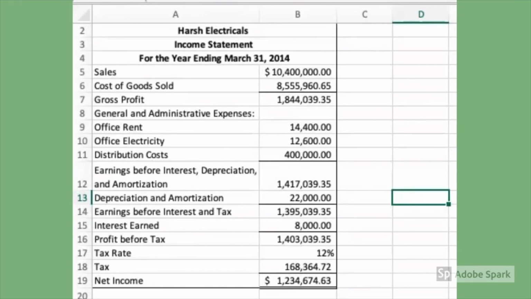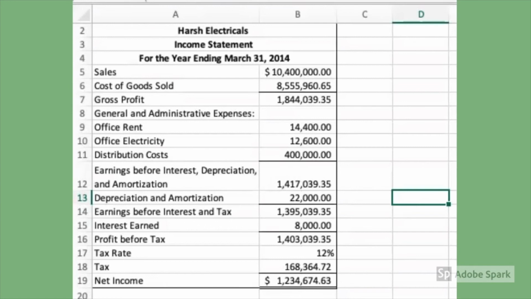This gives us our earnings before interest and tax, which then we have to add our interest and then deduct any tax that we may have. So in our case, it said that we were planning on earning a minimum of $8,000 interest. So we added this to our earnings before interest and tax and get our profit before tax of $1,403,039.35.